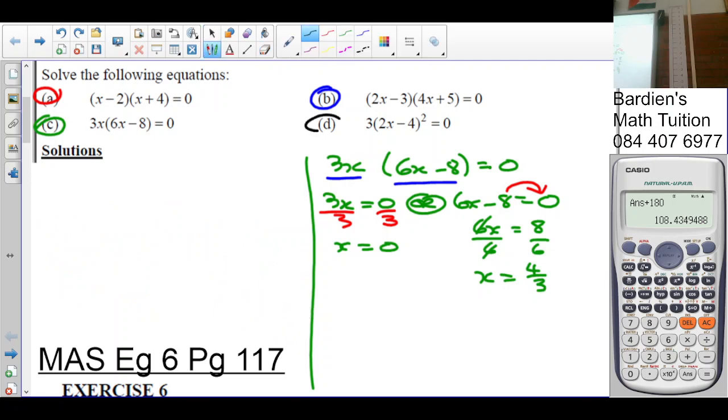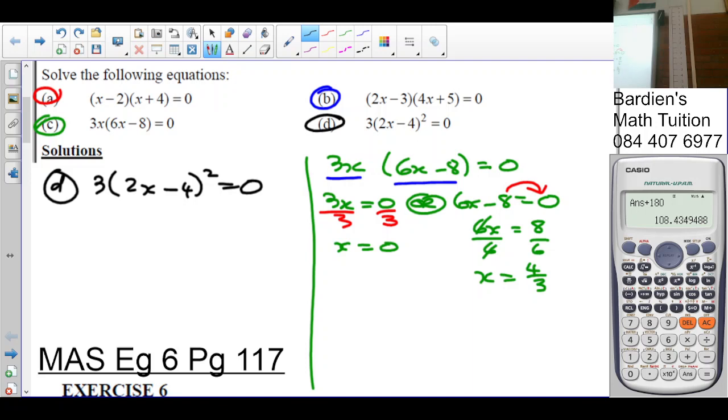Let's look at D. In D, you have 3 into 2x minus 4 squared. Is that in the form of your factors equal to 0? Yes.